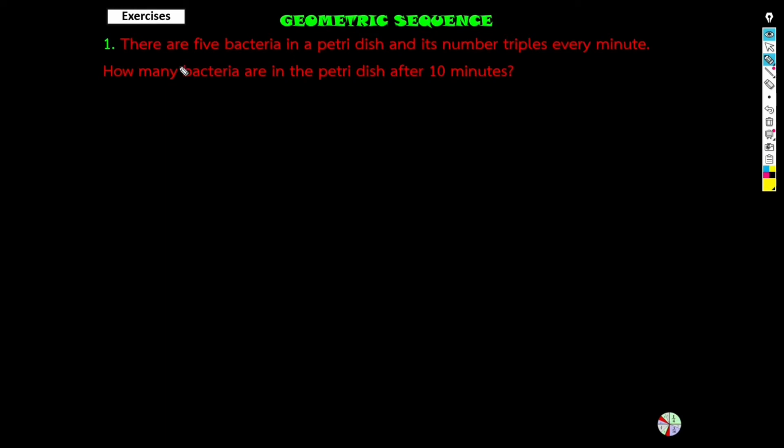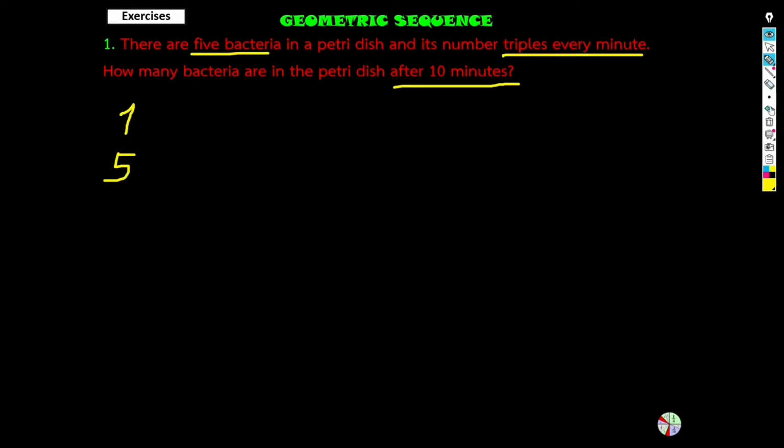Number 1, there are 5 bacteria in a petri dish and its number triples every minute. How many bacteria are in the petri dish after 10 minutes? So in the petri dish there are 5 bacteria.